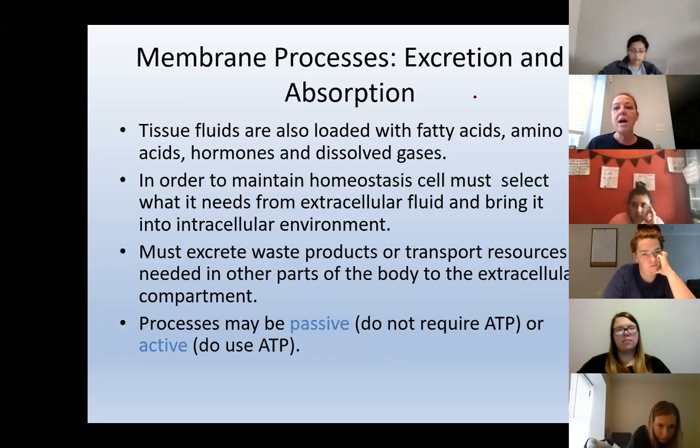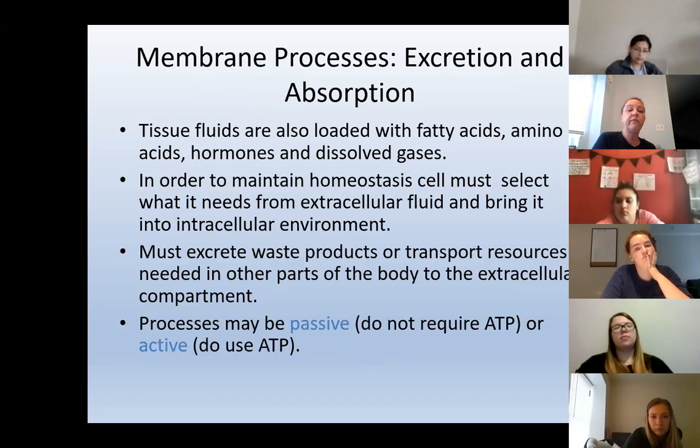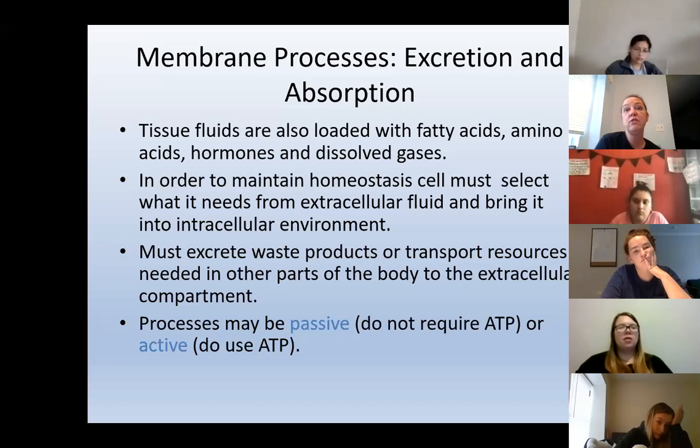All right, so what exactly can pass through our cell membrane? Well, really, we have a lot of stuff that needs to pass back and forth. You have things like fatty acids and amino acids that either need to get into the cell to provide building blocks for other things, or to provide nutrients for the cell itself.